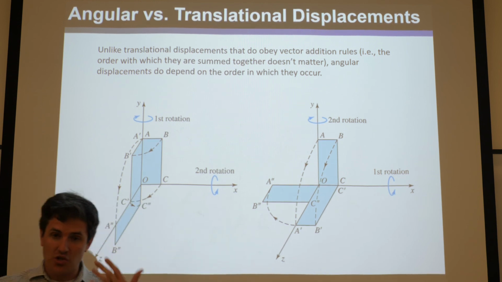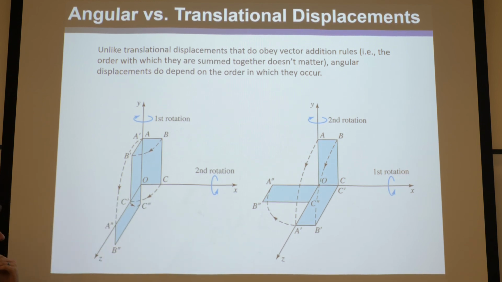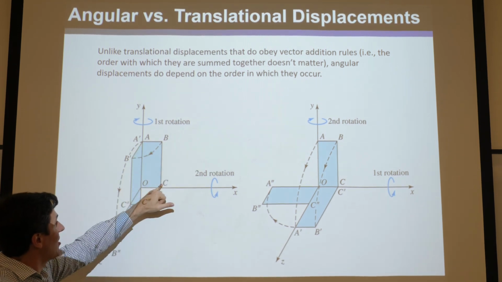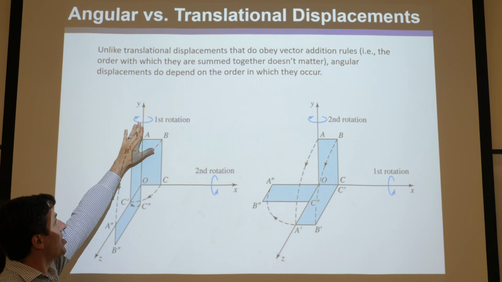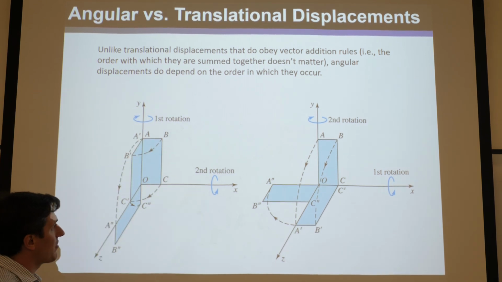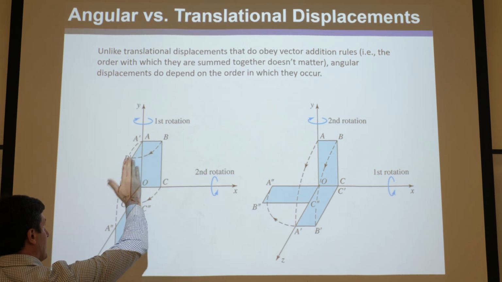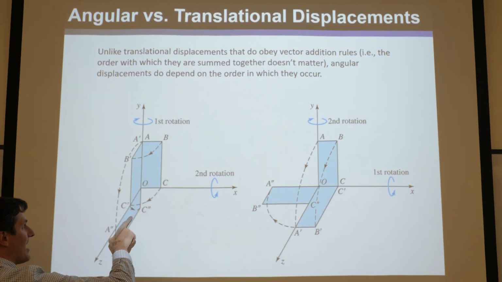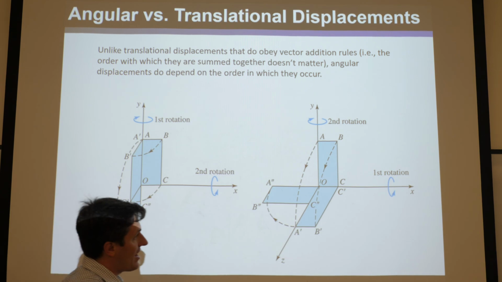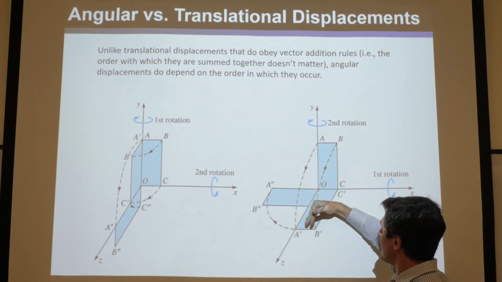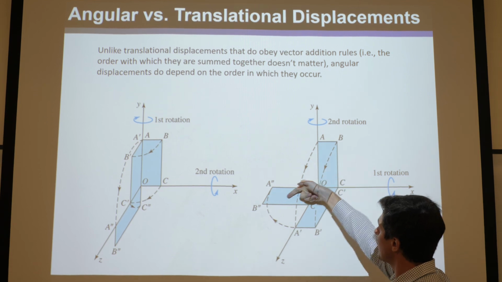Well, that's not true of rotations, right? So imagine this body began here, and you're first going to rotate around the y-axis, and then you're going to rotate around the x-axis. You'll first get this, then you get this. So we started there and we end there. Now, what if we first rotate around the x-axis, starting in the same position, we flip there, and then we rotate around the y-axis, we go there.